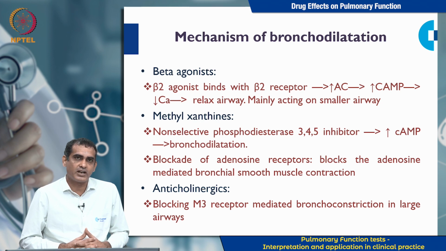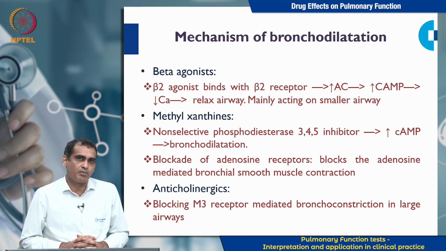Beta-2 agonists are bronchodilators that relax the bronchial smooth muscles, but their activity is predominantly seen in smaller airways like the smaller bronchi, branches of the bronchus, and the bronchioles. In bronchial asthma, the disease mostly affects the smaller airways, and hence beta-2 receptor agonists are very useful in bronchial asthma compared to the anticholinergics.